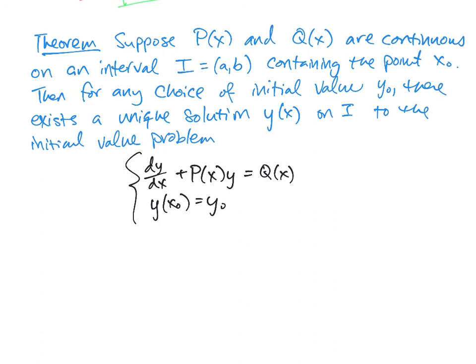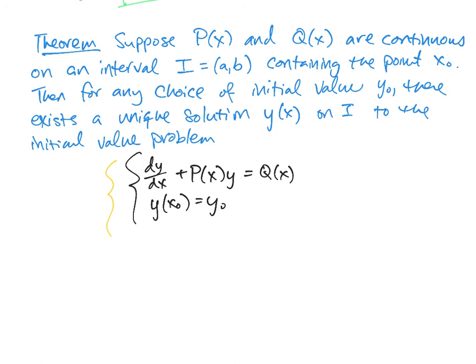What this theorem says is that if you have an initial value problem, basically the thing that we've been considering, a first order linear equation, as long as you can do all the steps that we did in this video, where we were able to integrate, then you can find a solution in the same way that we did.